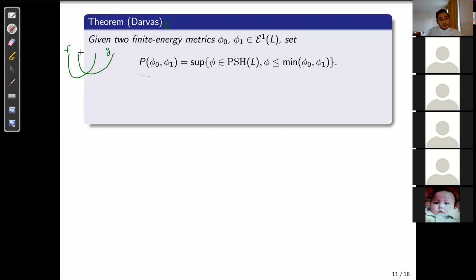So you have these two convex functions, and then your envelope is going to be something like this, roughly. Okay, that was not very precise.